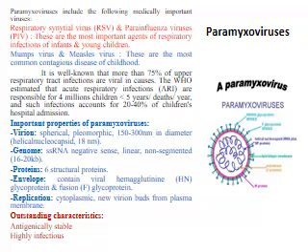There are 6 structural proteins. The envelope contains viral hemagglutinin and fusion glycoprotein. The replication of these viruses is in the cytoplasm, and the new virions bud from the plasma membrane.